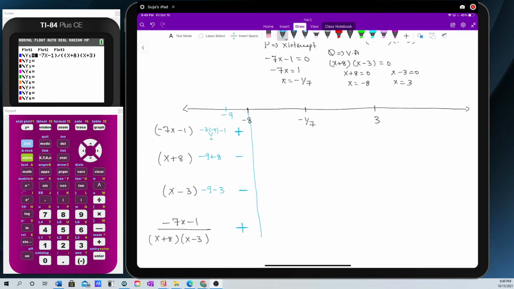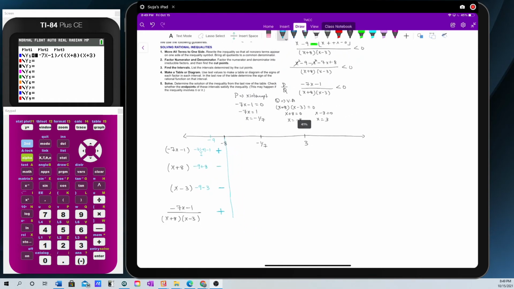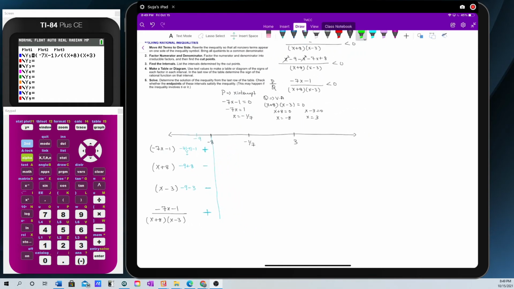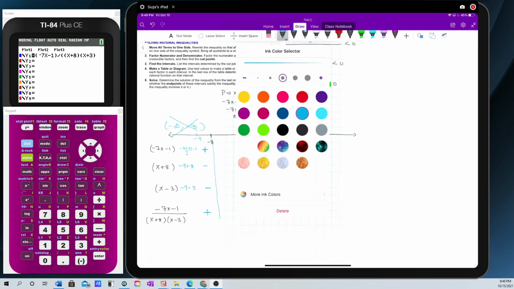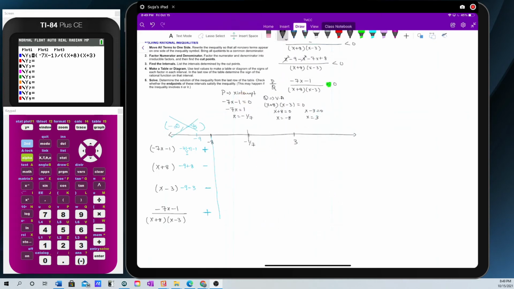So what that is telling me is because my function is less than 0, this portion of the graph that's below the x-axis, which means my final output has to be negative and not positive. So this interval, negative infinity to negative 8, is not going to be part of my answer. Now repeat the process for the next interval between negative 8 and negative 1/7. I'm going to pick negative 5.